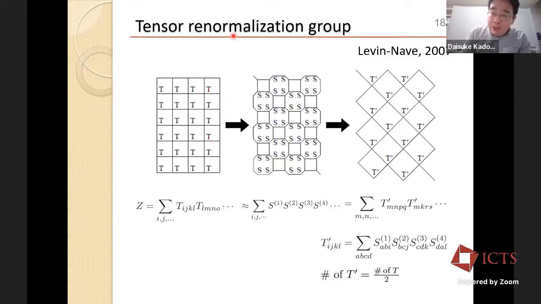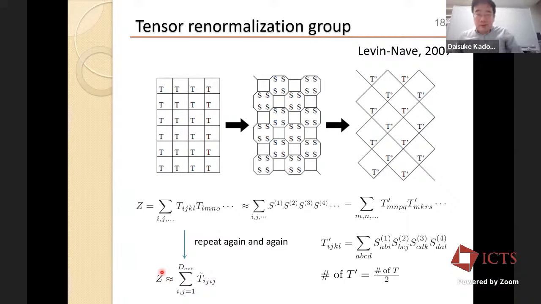So repeating this procedure again and again, finally, the partition function is given by a single tensor whose indices are contracted in it. Okay, so we can take the contraction numerically to obtain the numerical value of Z approximately. Okay, so this is the tensor renormalization group method.